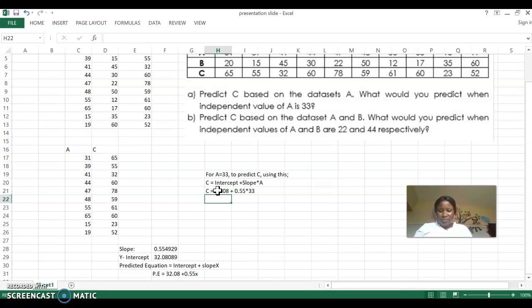Adding up, and first of all multiplying, this is going to give me 18.16.